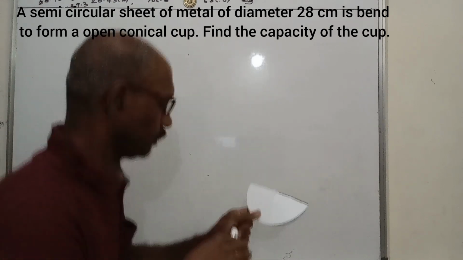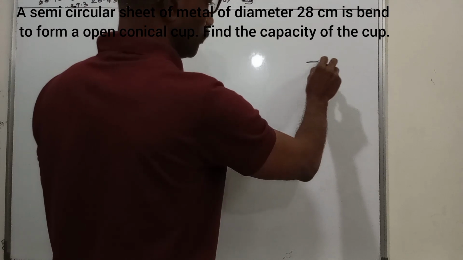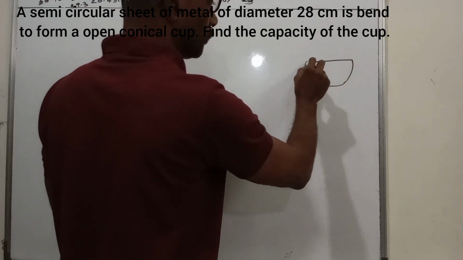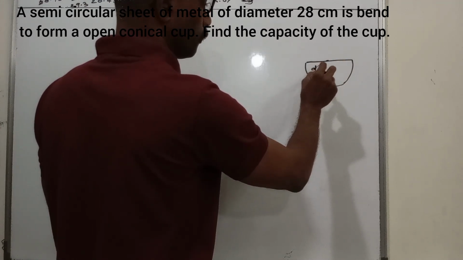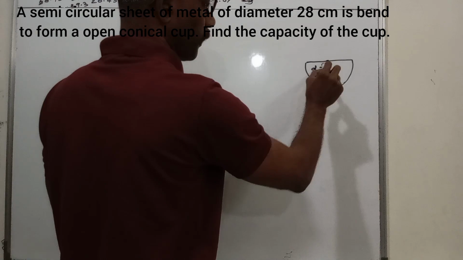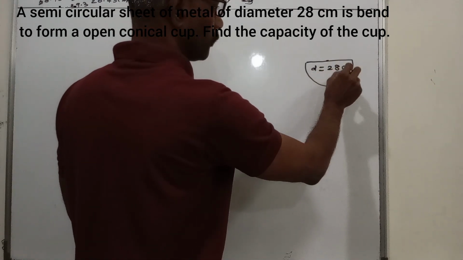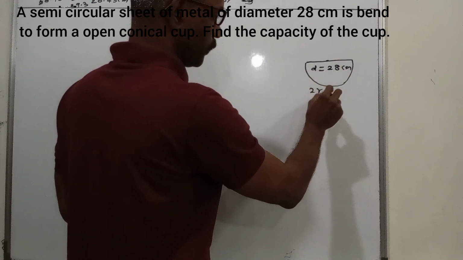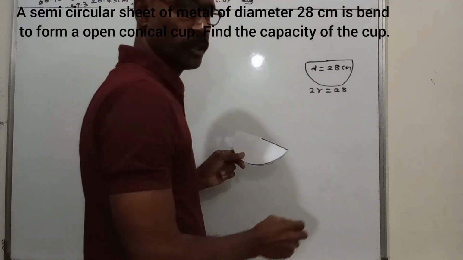Now first see this figure. This is the semicircular sheet, whose diameter is given, that is 28 centimeter. Now from this we find the radius of this semicircular sheet.